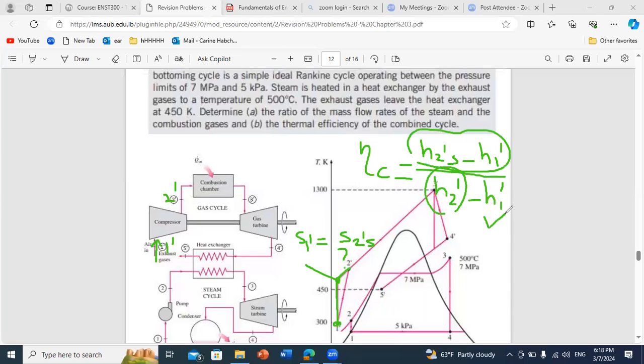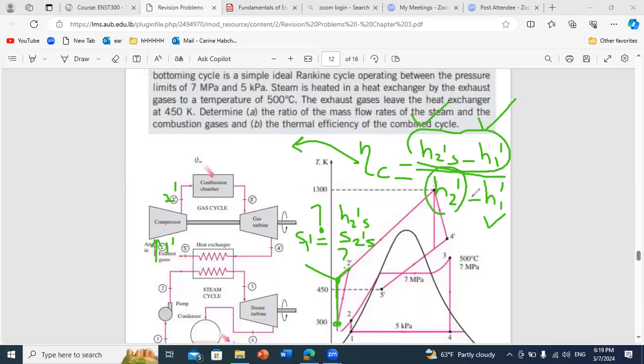You say if the process is isentropic, S1 prime equals S2 prime S. But now, because for tables of gases we don't have S, let us see together what will be the strategy to calculate H2 prime S. So if the process is isentropic, what is H2 prime S? Once I find H2 prime S, I know now H1 prime and H2 prime S. All I have to do then is to replace the isentropic efficiency by its value, and the only unknown will be H2 prime.